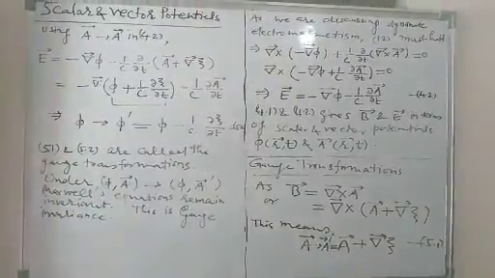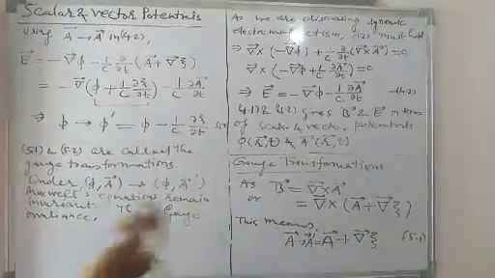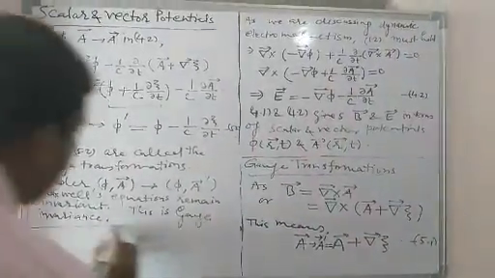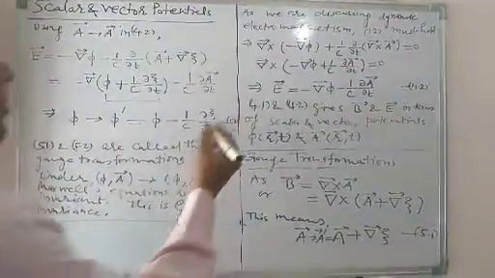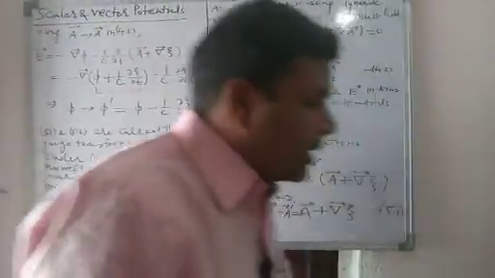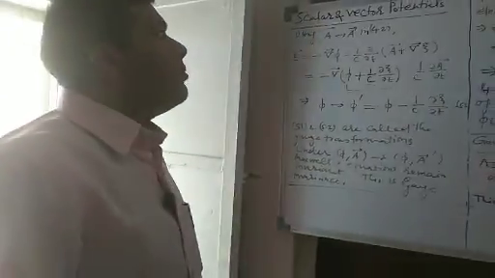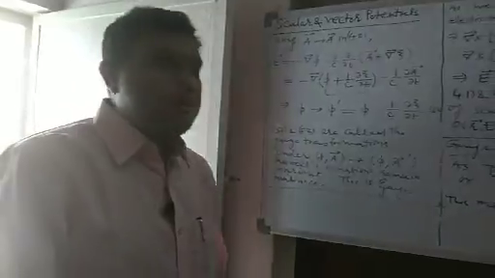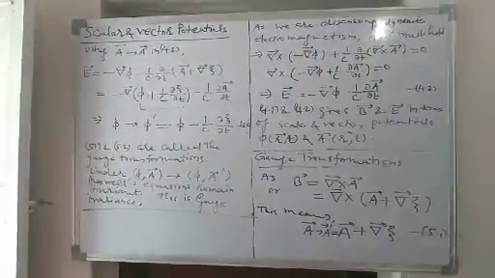Now xi is what? Xi is actually an arbitrary function. So now the question we might ask, because in physics everything is settled, so therefore xi should also get settled, otherwise we might end up getting many different values of the magnetic field as well as the electric field, which is not a feasible thing.